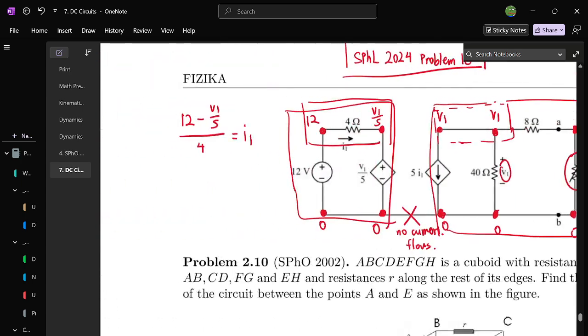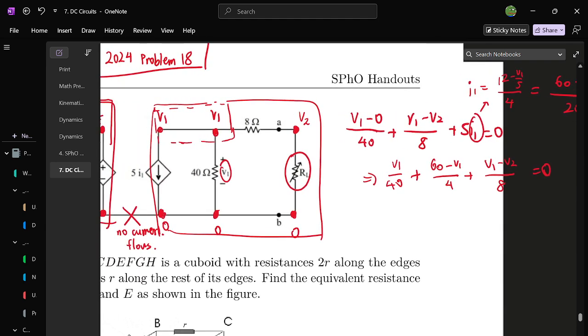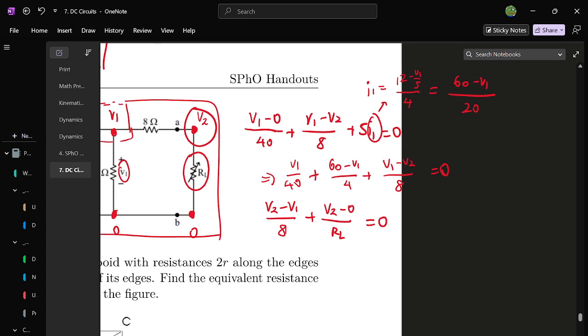Okay, so you have another equation here. Another equation you can get is to consider this point, perform nodal analysis again, write KCL, you will get this. Yeah, so that's your other equation.